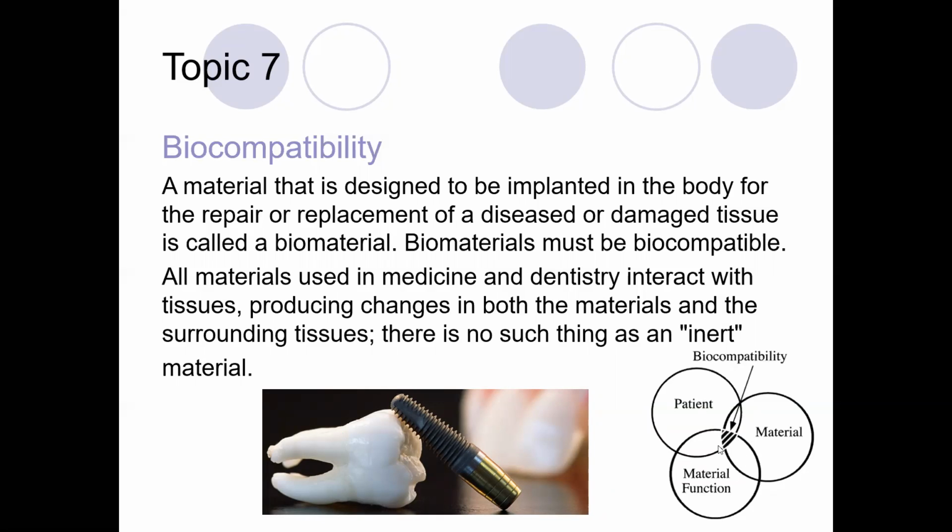Materials must be inert to the surrounding tissue. For example, a shaft for an artificial tooth must be made from an inert metal, like titanium.